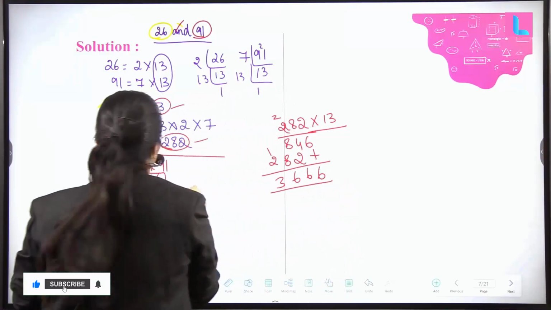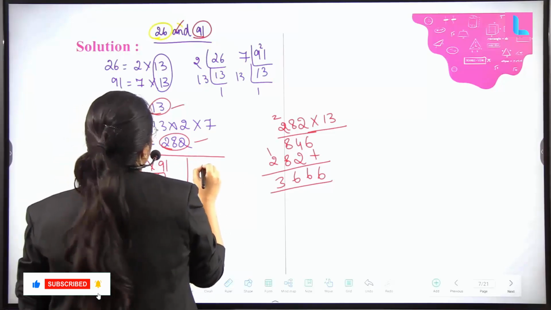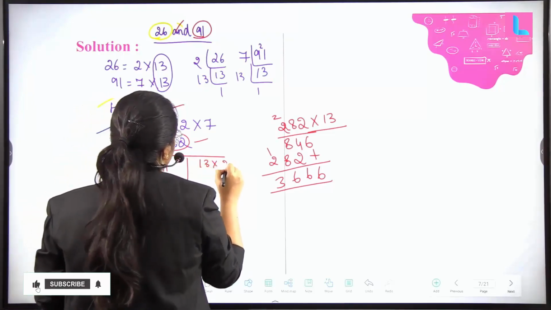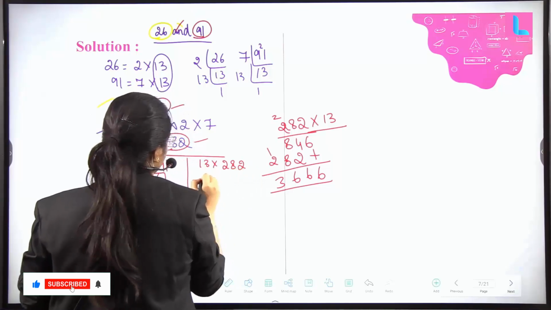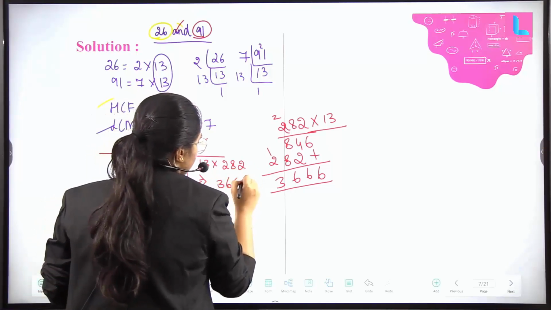Here the product of 13 into 282 is equal to 3666.